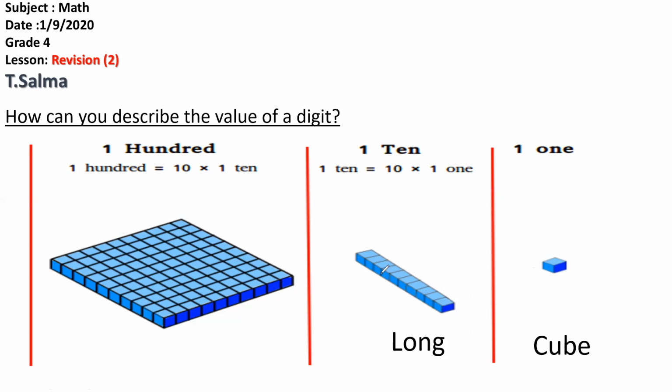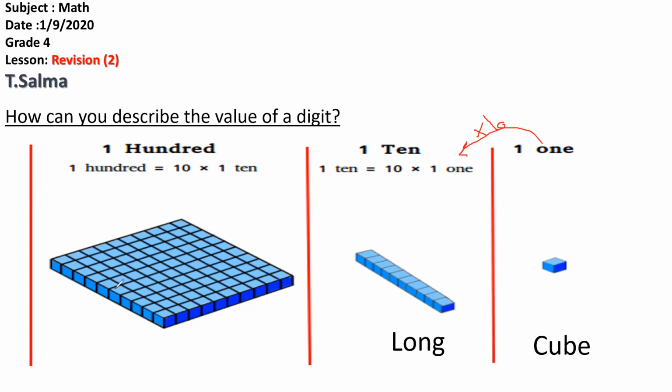And you remember yesterday I told you that if I want to move from the ones to the tens, I multiply by 10. That's right, because the tens digit consists of 10 ones, 10 small cubes.